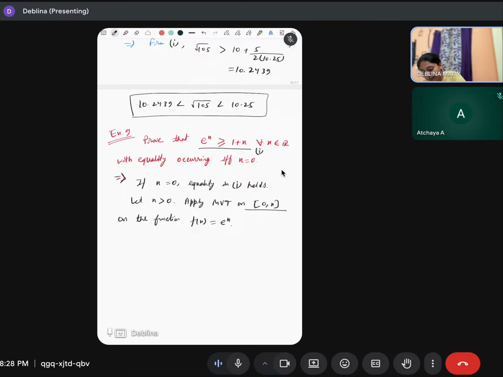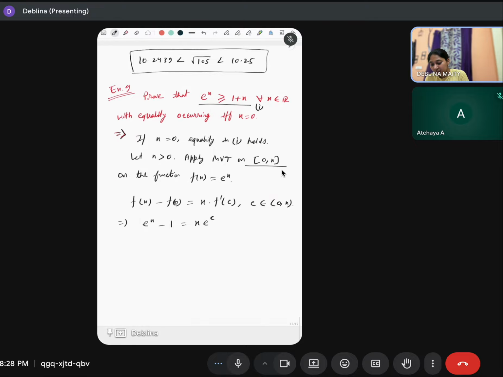Now if we apply the mean value theorem, what will you get? We'll obtain f(x) minus f(0) equals (b minus a), that is x, into f dash c, where c belongs to the open interval 0 to x. So what is f(x)? f(x) is e to the power x, and f(0) is e to the power 0, which is 1. So this is x into f dash c, meaning e to the power c.